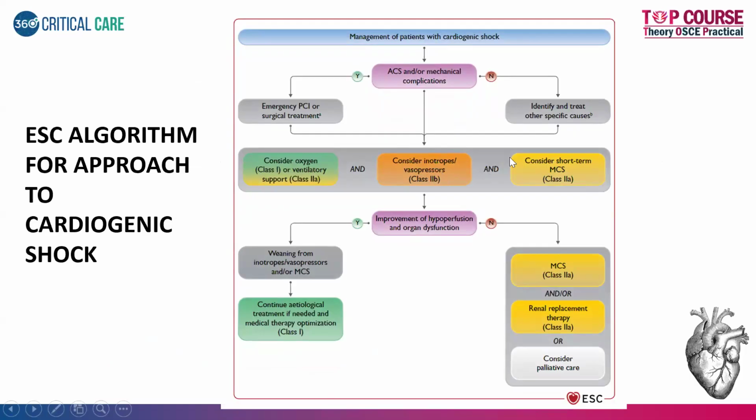So there is no right answer when it comes to early initiation of mechanical circulatory devices. Okay, there is no right time. You have a patient with you in the ICU, you have started optimizing the patient.